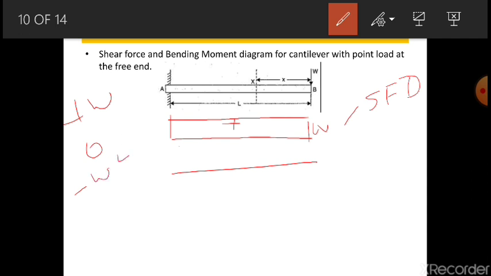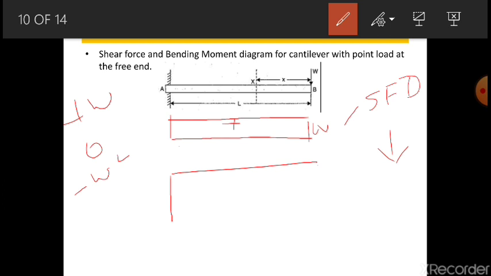Minus means below the baseline. At this point it is 0, and it is a point load. When you are finding the bending moment for a point load, it should be an inclined line, not rectangles. At this end it is minus WL.